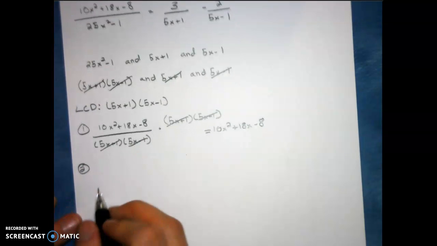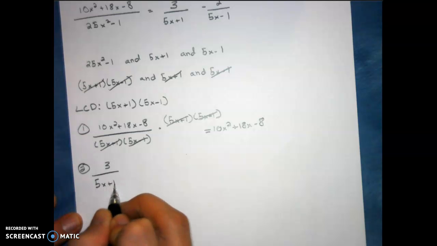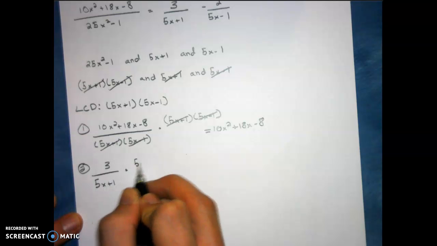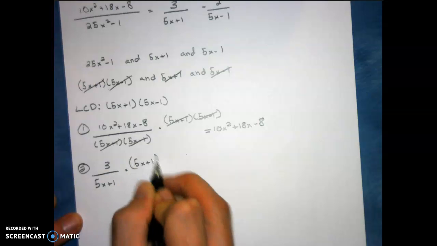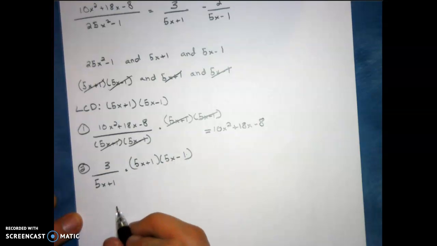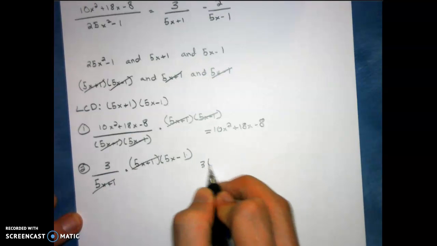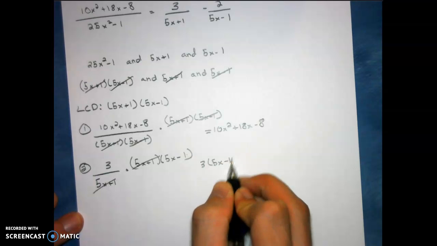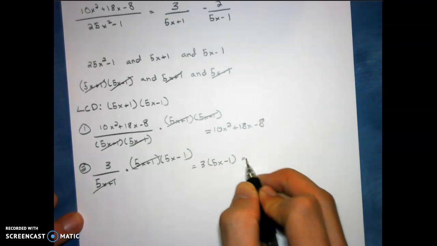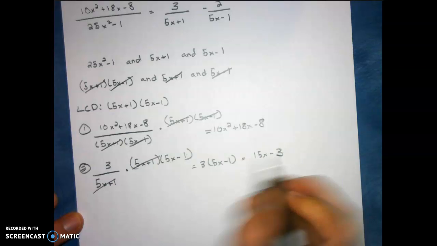Second one, we have 3 over 5x plus 1 multiplied by my LCD. Cancel here. We're left with 3 times 5x minus 1. Distribute that 3. We get 15x minus 3.